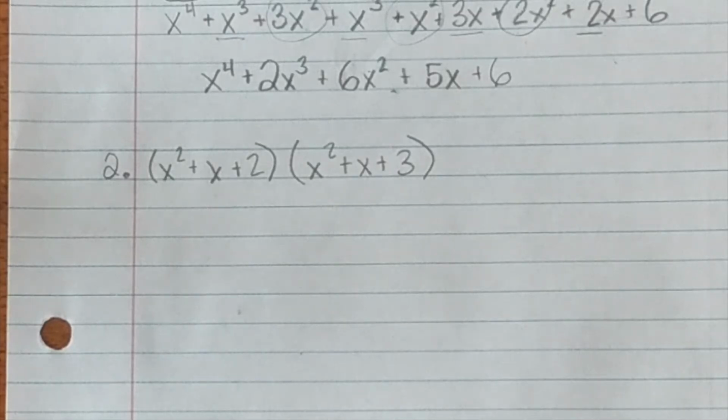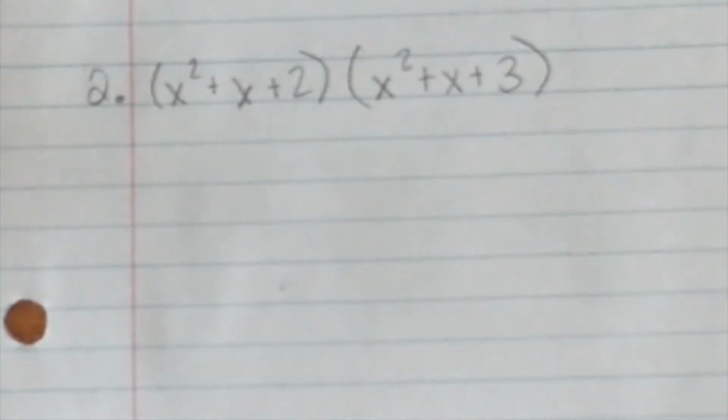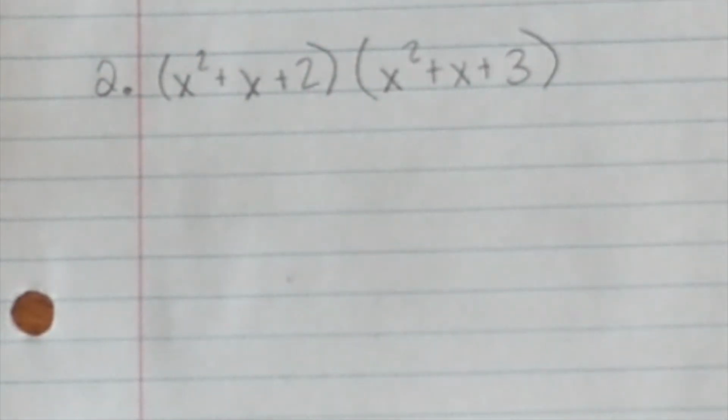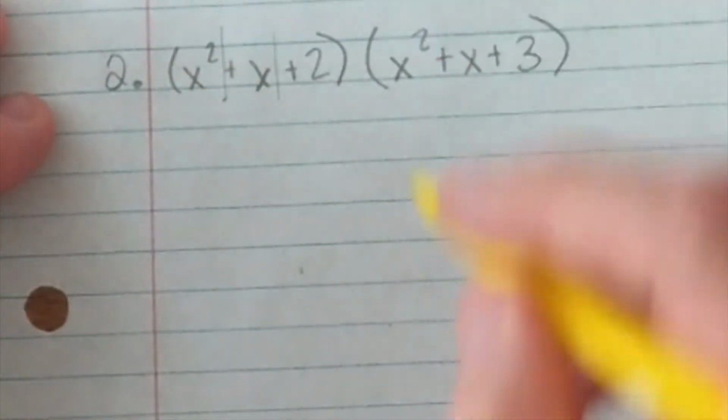All right, if we look at number 2, let me zoom in a little so you can see it close. This is the trinomial times the trinomial. You see we have x squared plus x plus 2 times a quantity x squared plus x plus 3. Just like we did with binomials, we're going to split our first trinomial into 3 terms and then distribute them into the second trinomial. So I'm going to draw a line here and a line here.